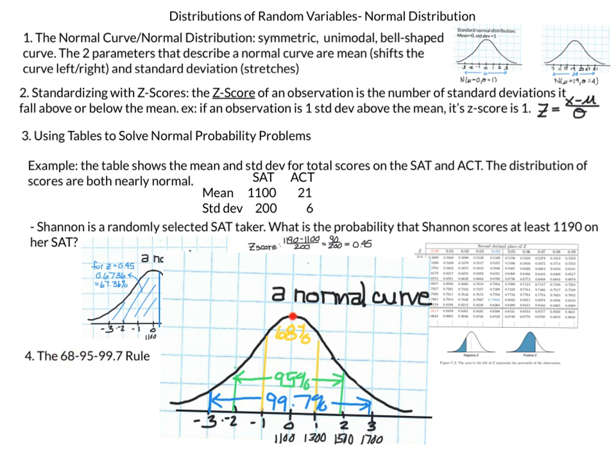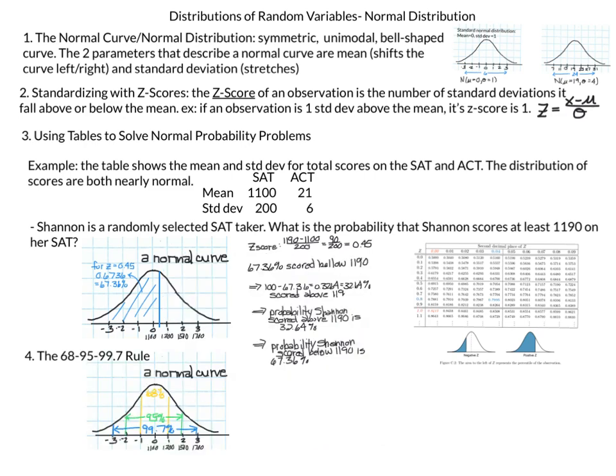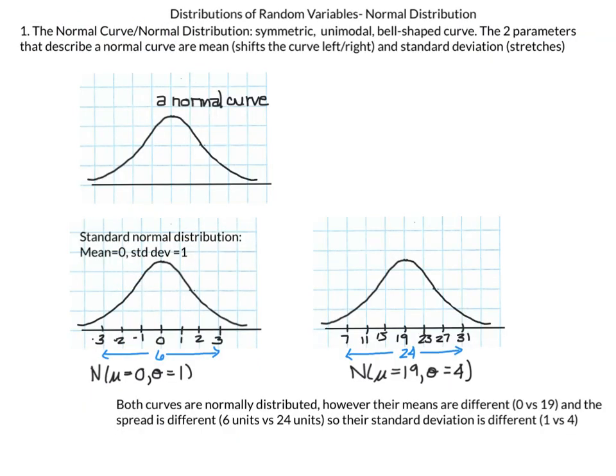And then 68 says that 68% of our data will fall within 1 standard deviation of the mean. In other words, when we look at the probabilities between -1 and 1, the area under the curve will be 68% of the total area under the curve. And that concludes our overview, so we're ready to start in more detail, starting with the normal curve.